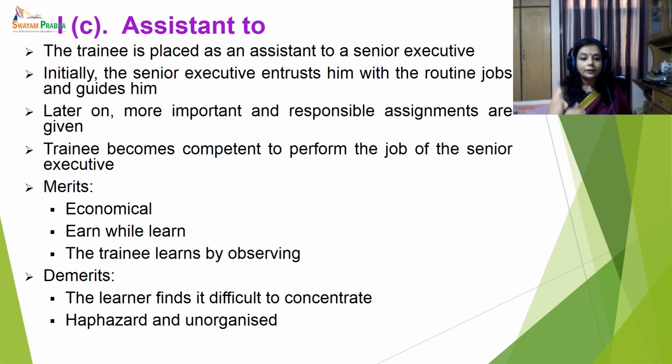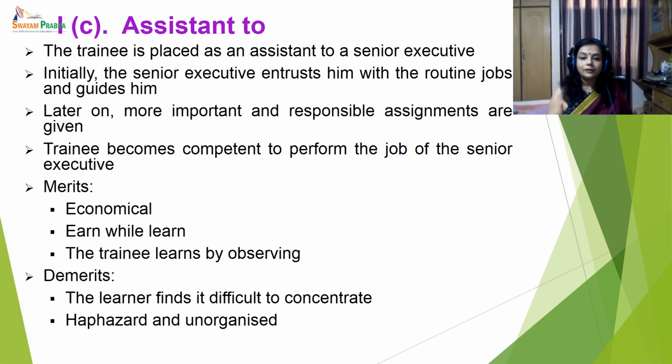Here the trainee is placed as an assistant to a senior executive. Initially, the senior executive entrusts him with routine jobs and guides him. Later on, more important and responsible assignments are given to the trainee. The trainee becomes competent to perform the job of the senior executive, so he will relieve the senior executive of the burden of doing the whole work.